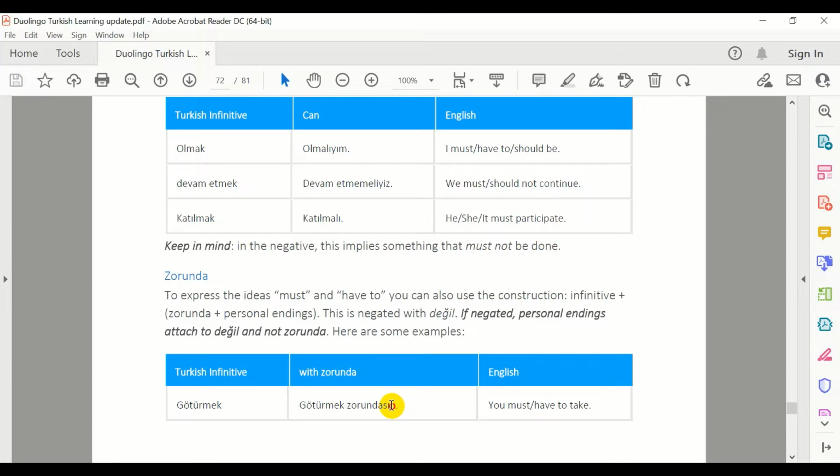You know this sin is the personal suffix for the subject you, and there you have first the infinitive form of the verb, then the word zorunda, and after the word zorunda you have the personal ending. It means götürmek zorundasın, you must take, or you have to take.